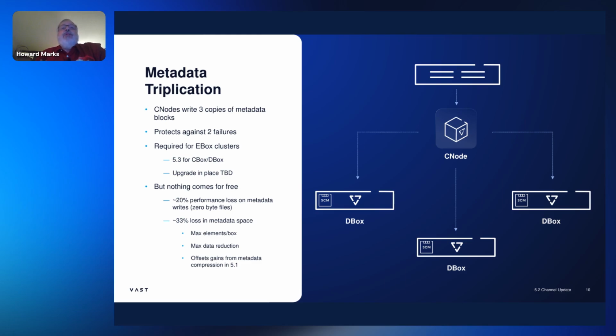And so work with your sales team to determine exactly how you want to configure a new cluster. Note that 5.1 added metadata compression, which boosted the maximum data reduction and boosted the maximum number of elements per box. So the combination of metadata compression and triplication effectively leave those limits where they were in 5.1.